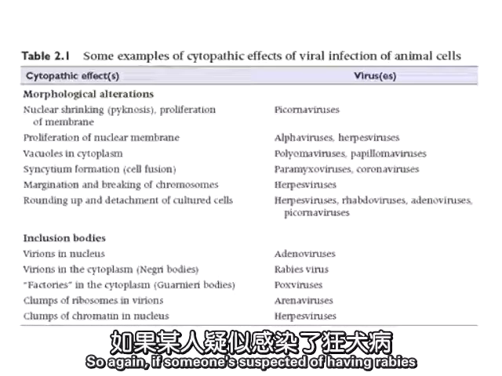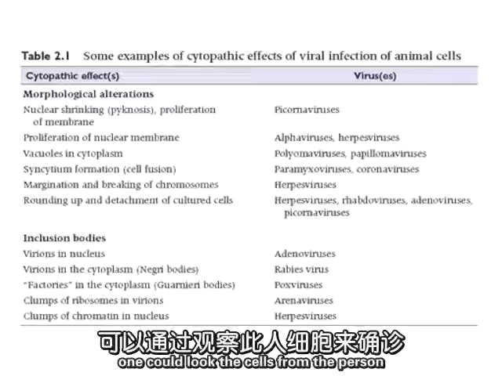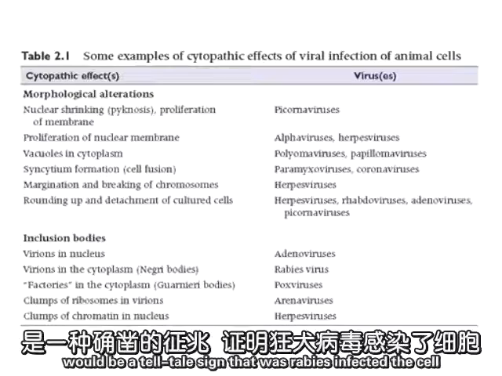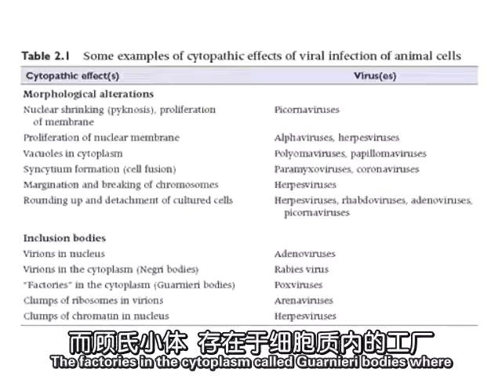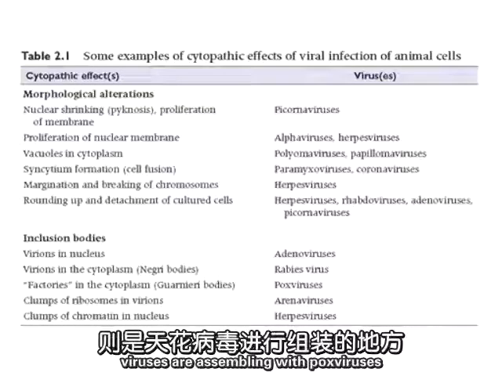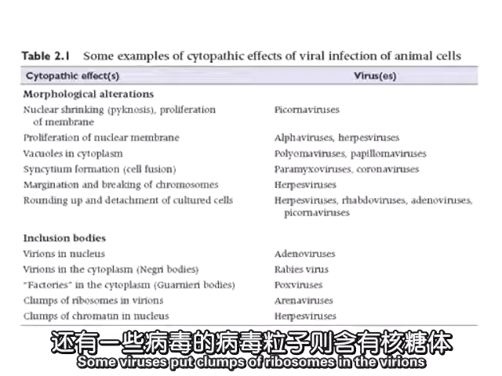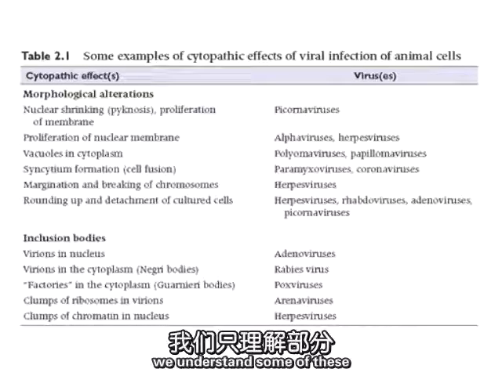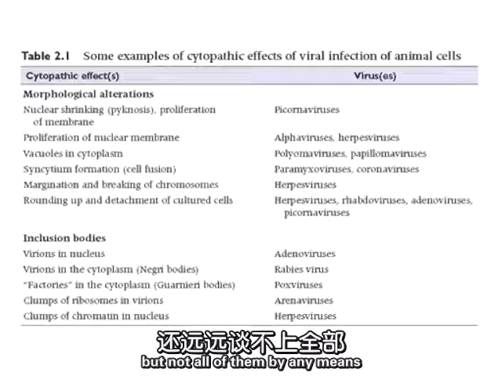So again, if someone was suspected of having rabies, one could look at cells from the person, and these Negri bodies, which stained in a very specific way, would be a telltale sign that it was a rabies-infected cell. Factories in the cytoplasm called Guarnieri bodies, where viruses are assembling with pox viruses. Some viruses put clumps of ribosomes in the virions or clumps of chromatin in the nucleus. So a whole range of things can happen. We understand some of these, but not all of them by any means.